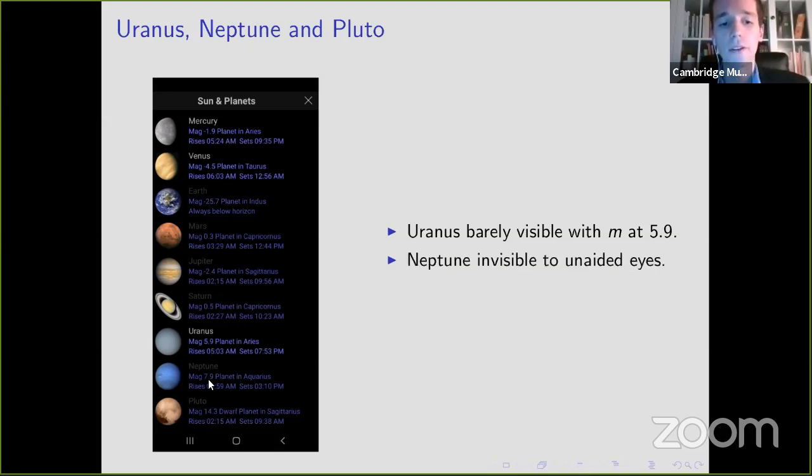Neptune has a magnitude of 7.9, so it is invisible to unaided eyes. One needs a telescope in order to see it. And Pluto is completely out of reach with a magnitude of 14.3. And no wonder that it was only discovered recently, or about 100 years ago, which is not very long ago.